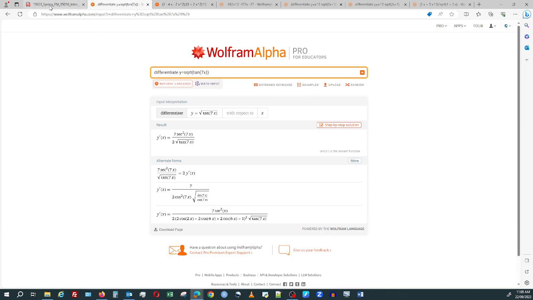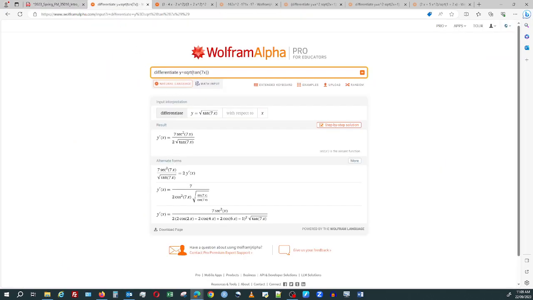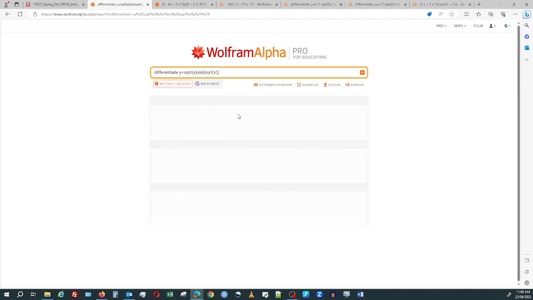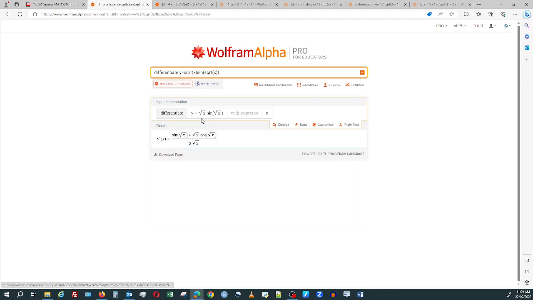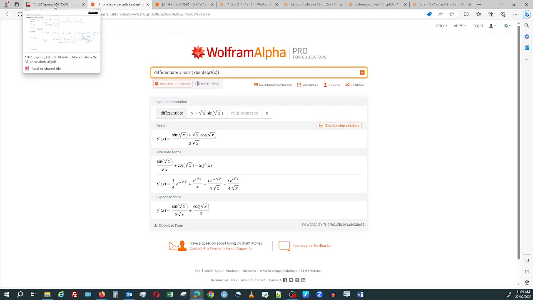Okay, so what do we have there? Square root of x, sine square root of x, so square root of x times sine the square root of x, sine square root of x, rationalised on the bottom.